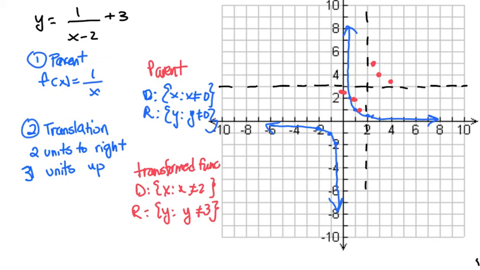So people need to draw those asymptotes, which helps because when you're graphing the transformed function, you know where to level off that graph. So the graph cannot touch this line, and it can't touch this line.